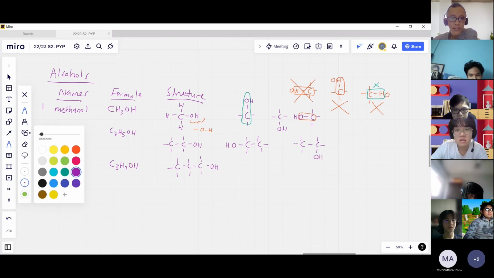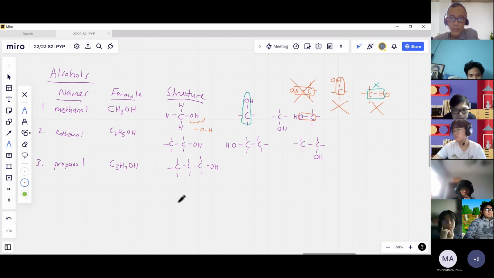You notice that I'm very careful. The bond is always between C and O. Small things you may think, but nevertheless they can make you lose marks if you draw wrongly. Questions, anyone?